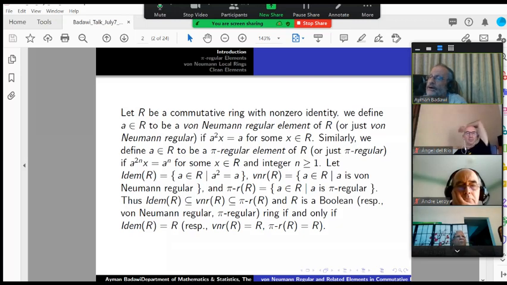So we're talking about two sets of elements. V(R) means the set of all von Neumann regular elements, and then we have another set, pi(R), the set of all pi regular elements. Okay?